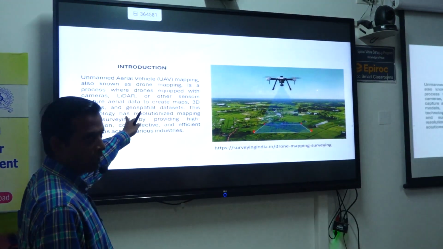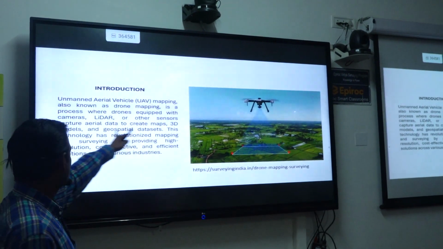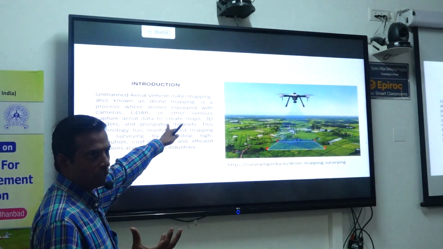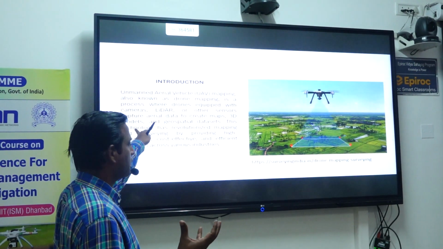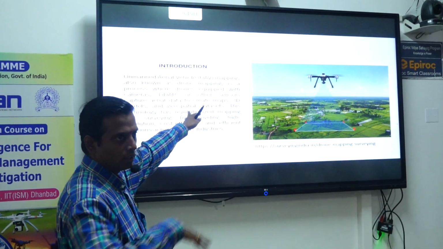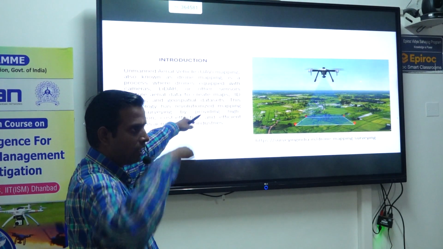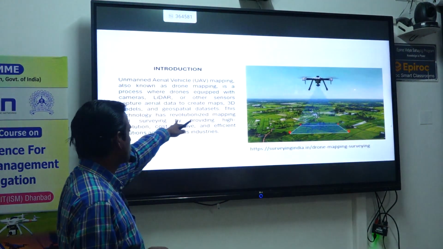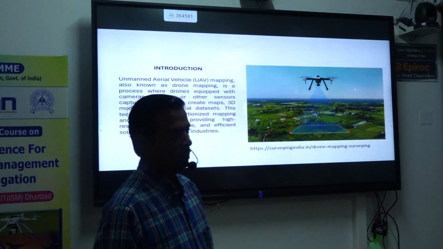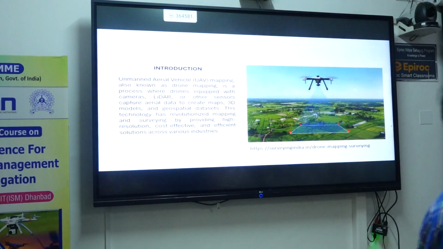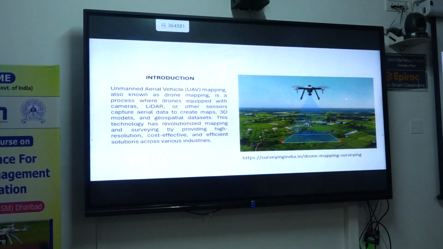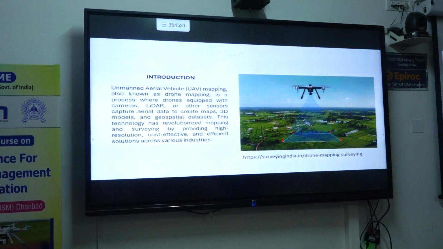It is the process where a drone, having cameras, LiDARs and other sensors, captures data in the air and creates maps, 3D models and geographical data sets. Whatever data we capture from the drone, from that data we can make 3D models, topographical maps, and geospatial data sets also.